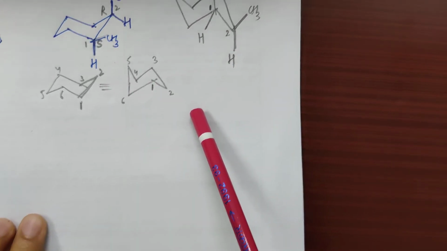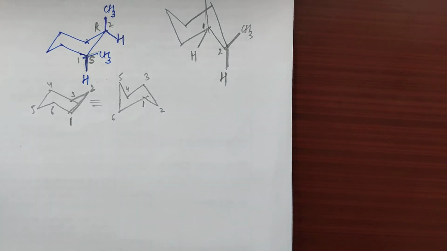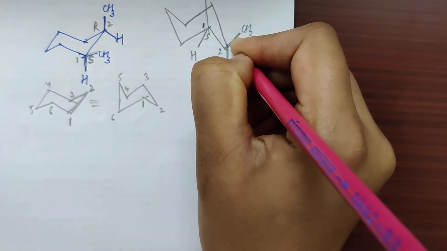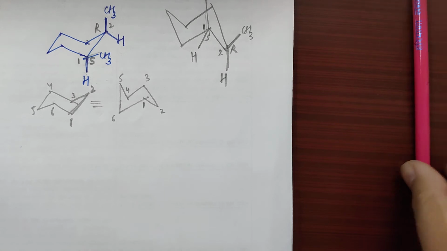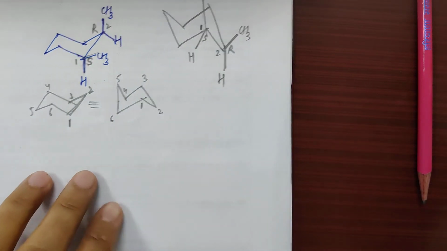So now if you check the RS nomenclature, the nomenclature will not change. Okay, the first carbon will remain S, the second carbon will remain R. When you are flipping the ring, you cannot change this configuration. आप उसको नहीं change कर सकते.